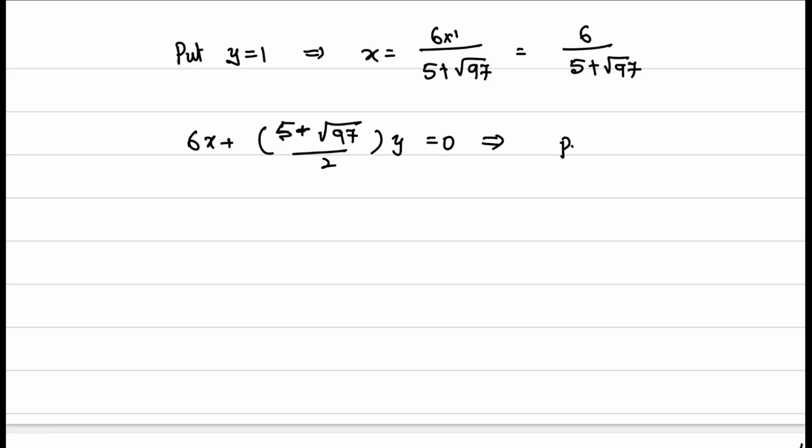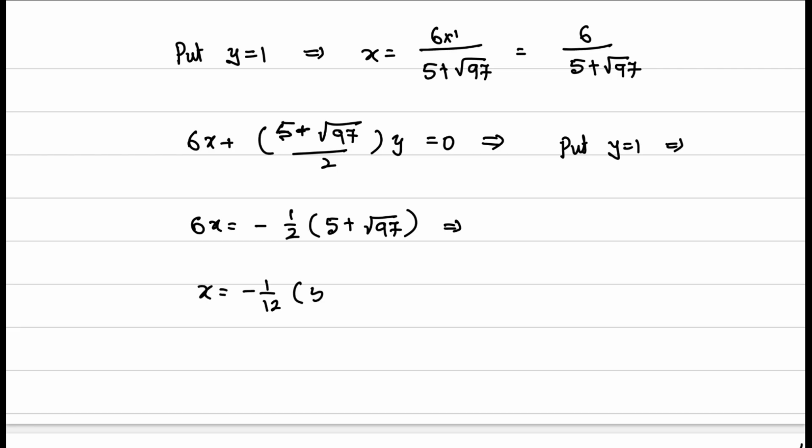Put y is equal to 1. That shows 6x is equal to minus 1 by 2 into 5 plus square root of 97, which implies x is equal to minus 1 by 12 into 5 plus square root of 97.